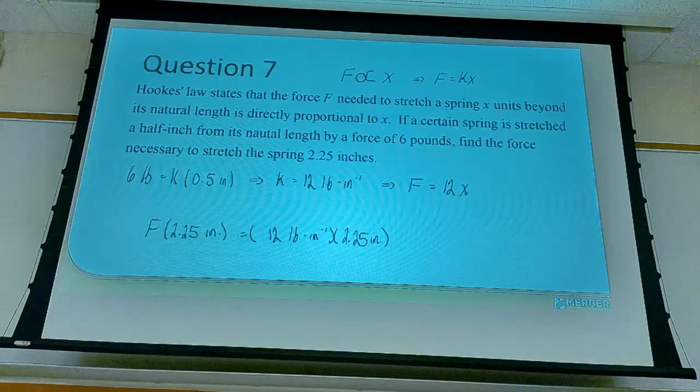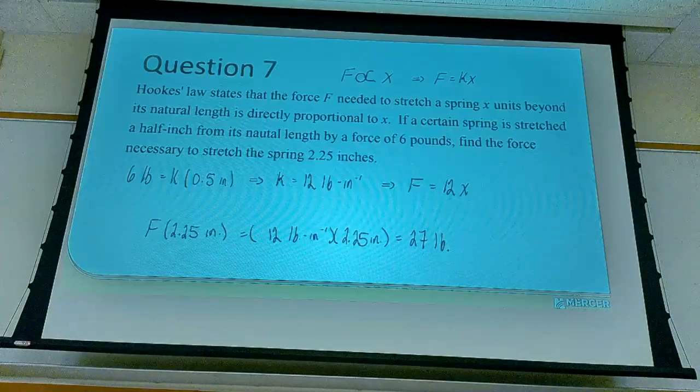12 over 4 is 3, right? What's 3 times 9? It's 3 times 9, 27. And your units? Pounds inverse inch times inch cancels out, just pounds, which makes sense.